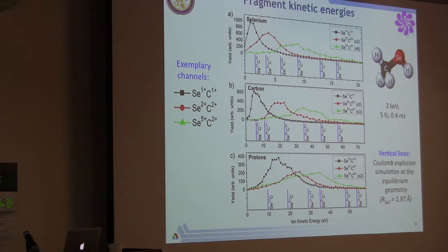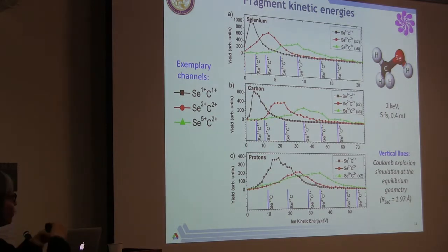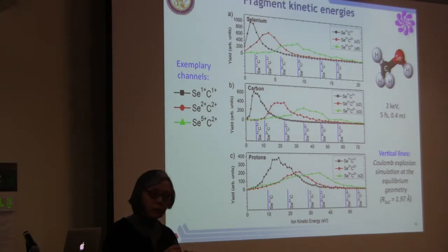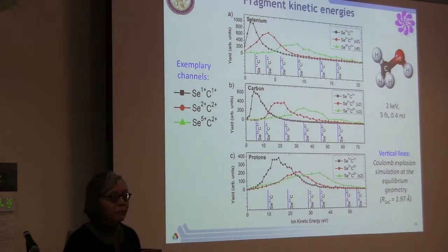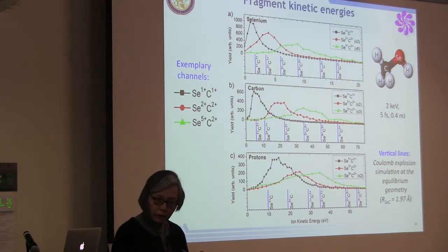But this is not all the information that can be gotten, because they have this nice recoil ion momentum spectrum. What you can do with that is look at all these different channels and see how the kinetic energy released in this explosion compares to how it would be if they were at the equilibrium position.